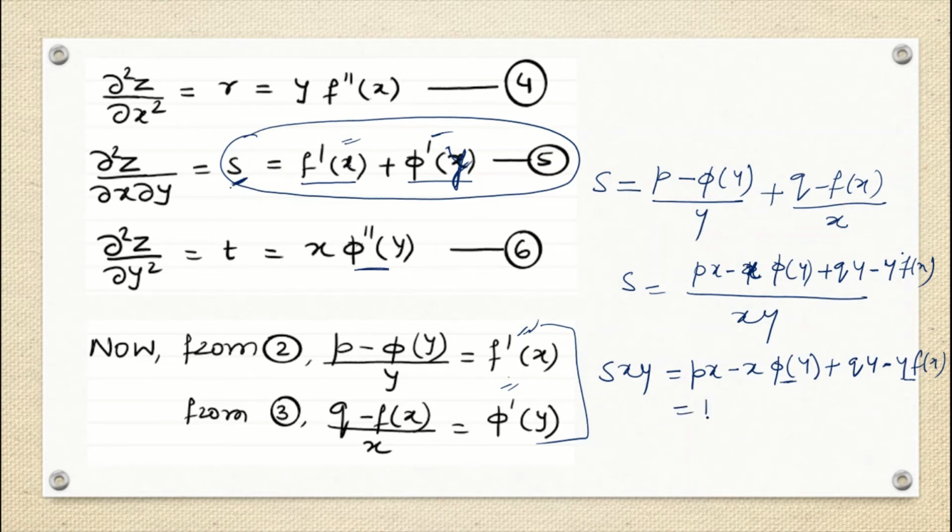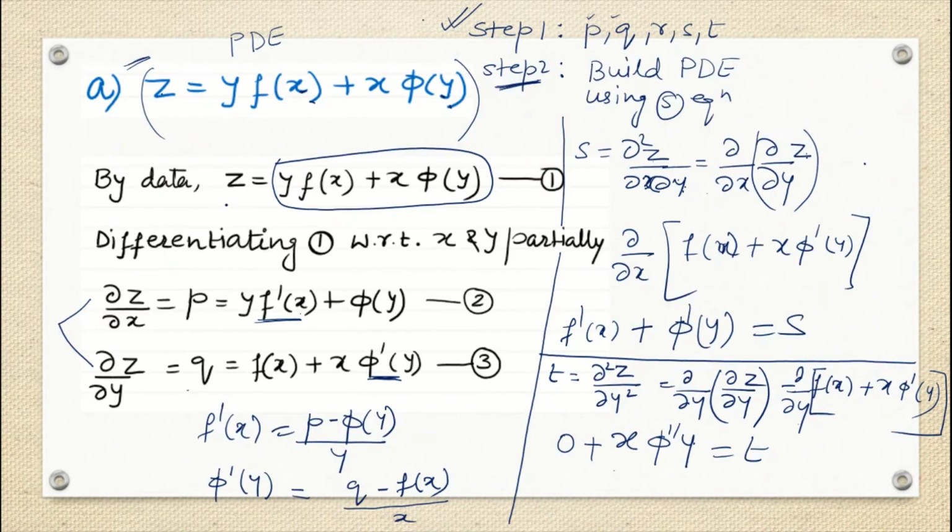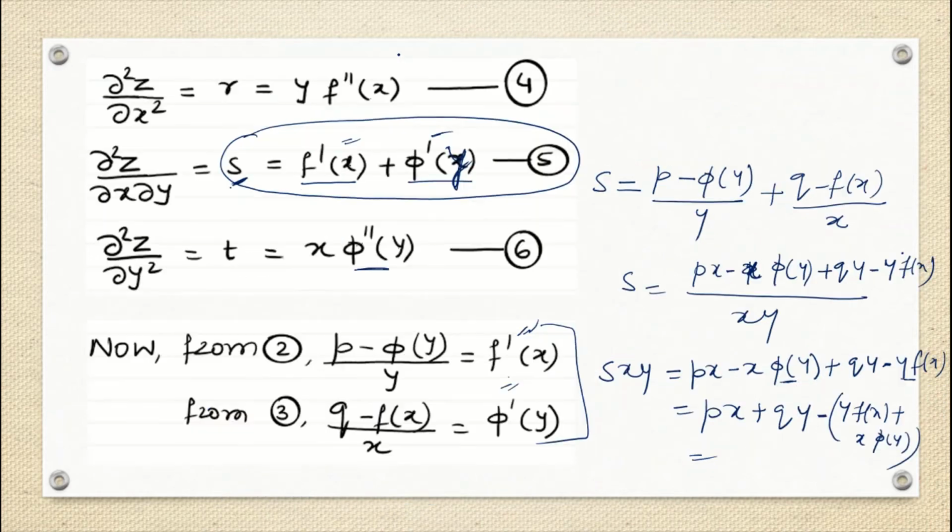So I can write here px plus qy minus y f(x) plus x φ(y). So this is nothing but z, correct? This was only my z. We started with this equation, so we can write z instead of this complete term.